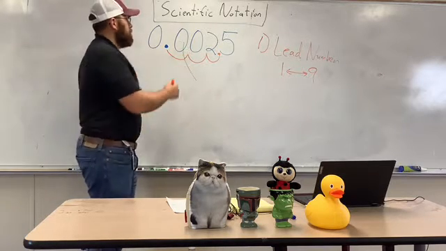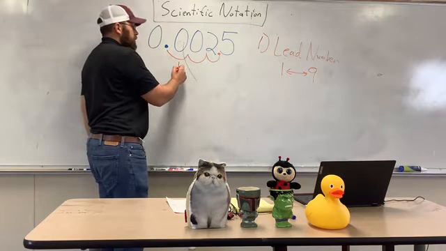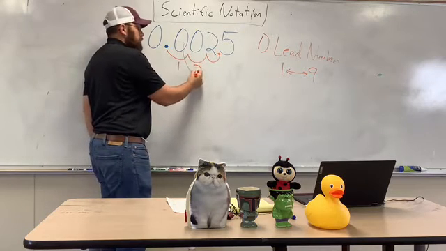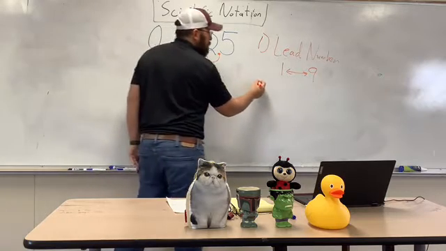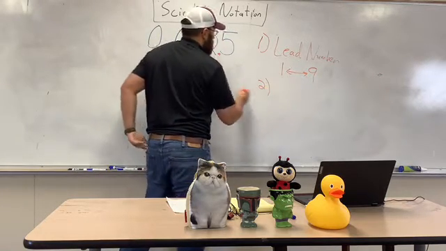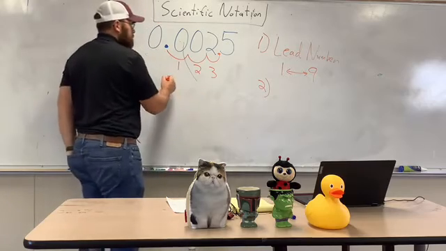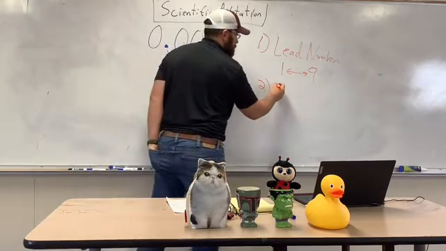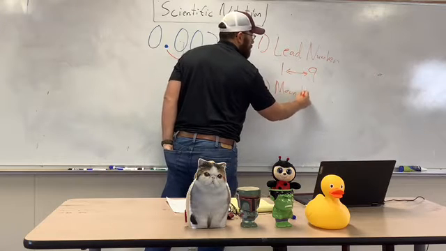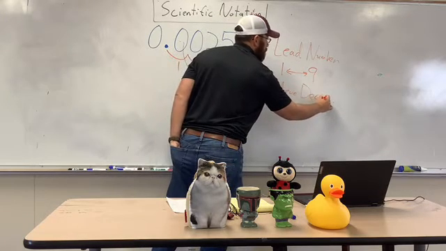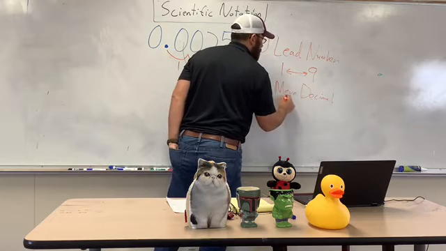That was moved once. I moved it again, twice. Moved it to the next one, 3. So now what I want to do is rewrite it after that. So move decimal, and rewrite.